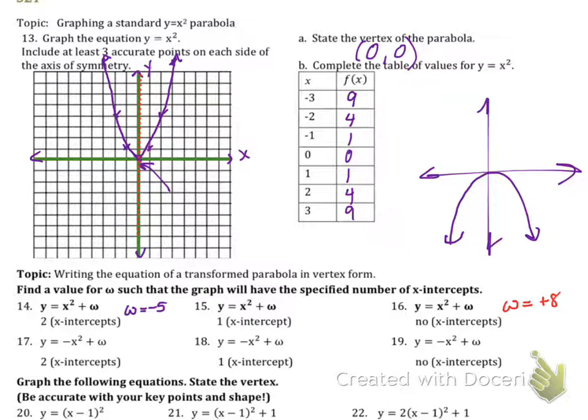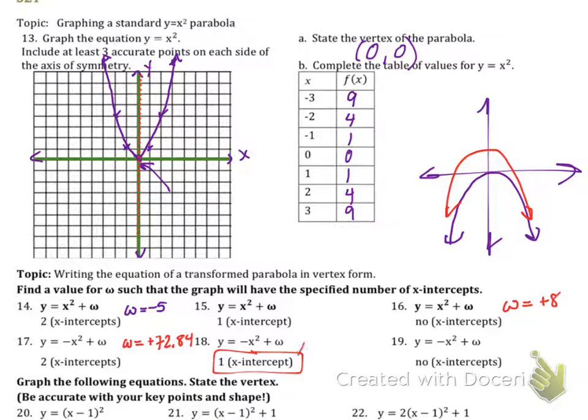Because right now it's got one intercept, right there. If I wanted to have two intercepts, I would have to move it up a certain amount. So we would need omega in this case to be positive, 72.84. Doesn't matter. As long as it's positive, it will have two intercepts.